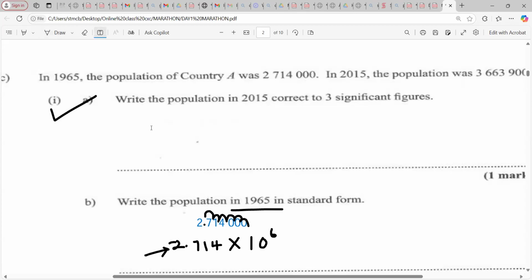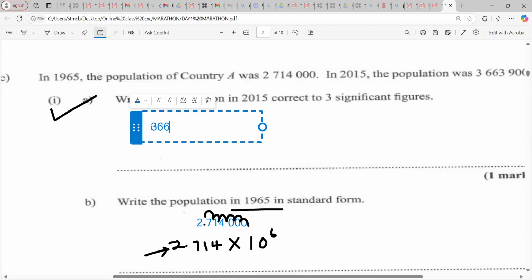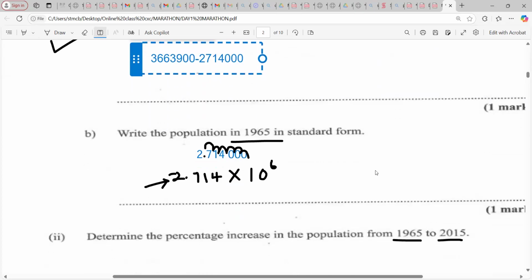So that was 3,663,900, and then your minus, because they want the increase, right? But not only the increase, but the percentage. So you have to figure out a way to get the percentage increase. So I'm carrying this down here so we can talk about it.